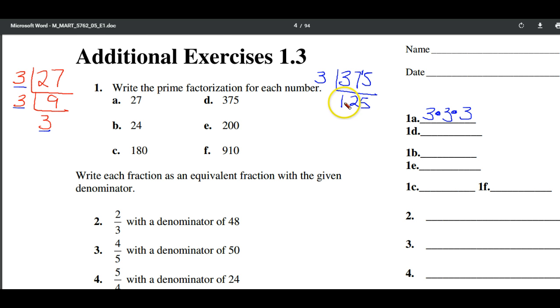Now if we add these digits up, we get an 8, so you can't take a 3 out. So this does have a 5, so we know we can take a 5 out of there. 5 goes into 12 twice, with a 2 left over. 5 goes into 25 5 times.